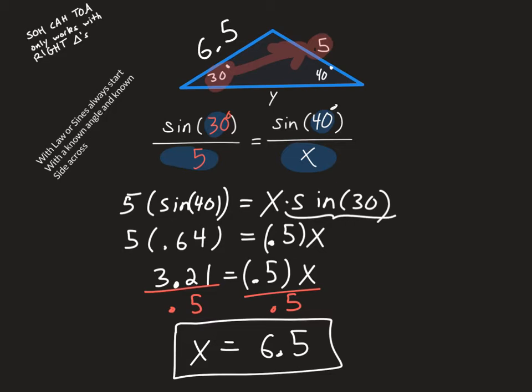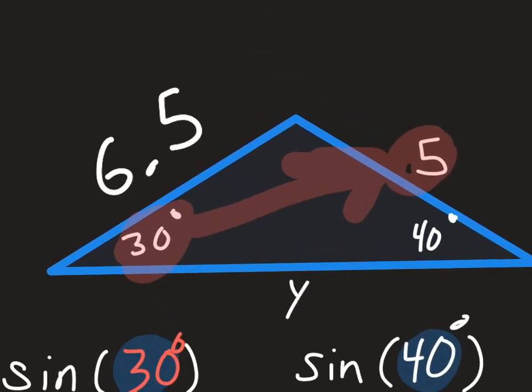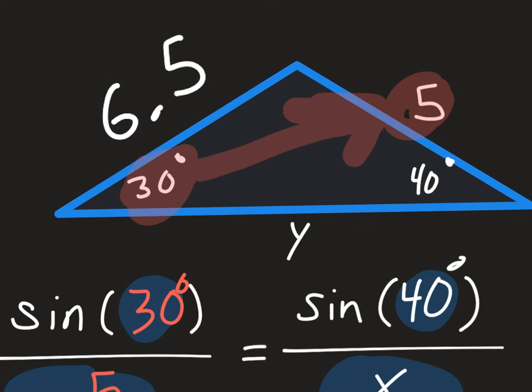Let's take a look at this triangle here and think about what else I could do with this. Right now I do know 2 out of the 3 angles. The only angle I don't know is this one up here. Well, what do we know about all 3 angles in a triangle? All 3 angles in a triangle add up to 180.